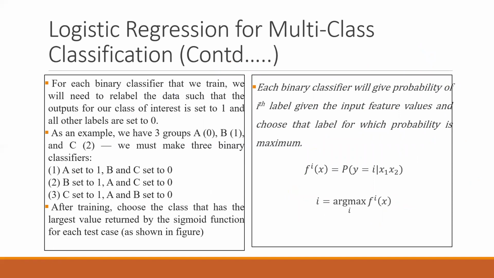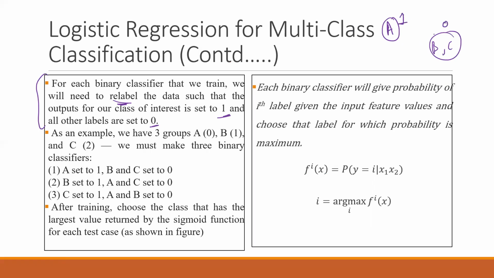For each binary classifier that we train, we will need to relabel the data so that the output for our class of interest is set to 1 and all other labels are set to 0. So that's what I told already, that we have to deal with one class at a time, and the other two classes will be the other one.